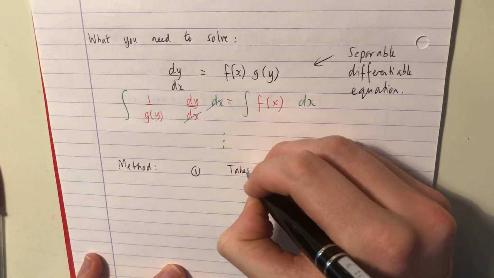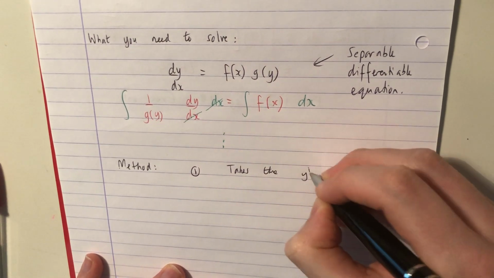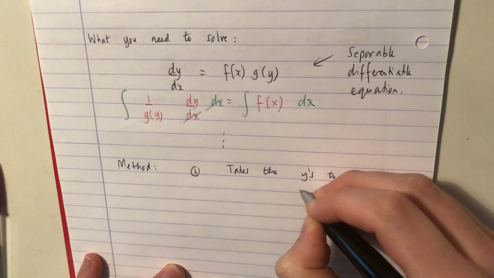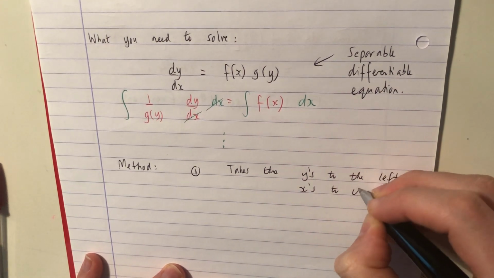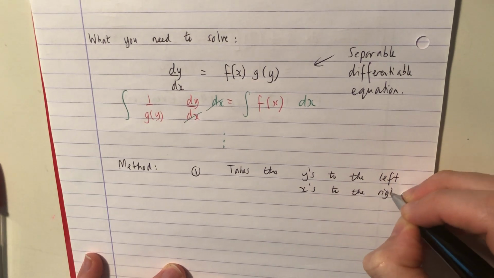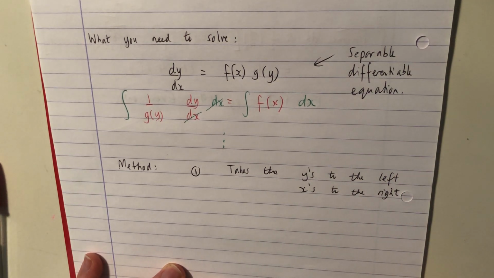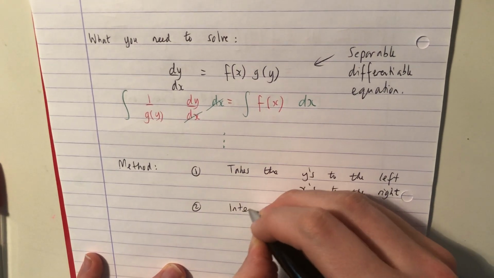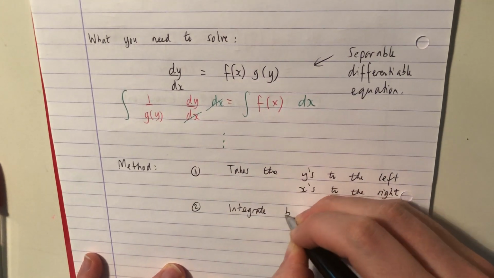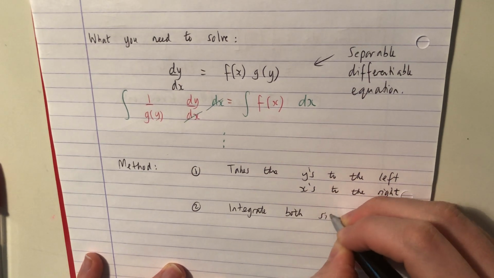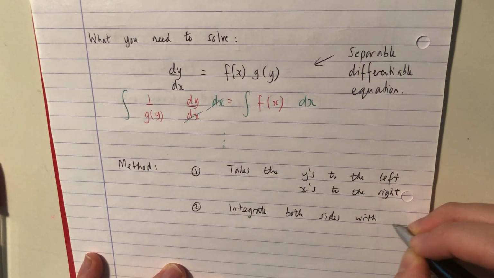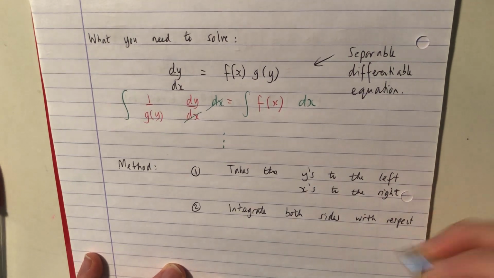So that method is: step 1, take the y's to the left, x's to the right, and that's called separating the variables. Step 2, integrate both sides with respect to x.